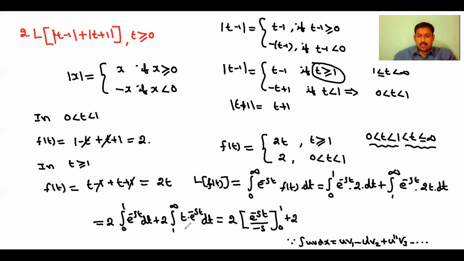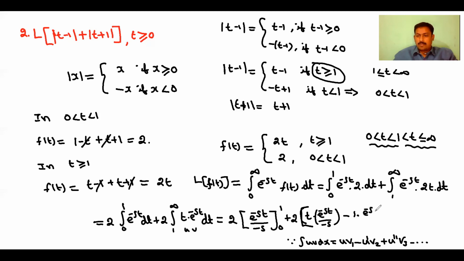So here u value is t and v value is e power minus st. Applying the formula, you will get u into v1, where v1 means the integral of e power minus st is this. The next term is minus the differentiation of u, that is, the differentiation of t is 1.